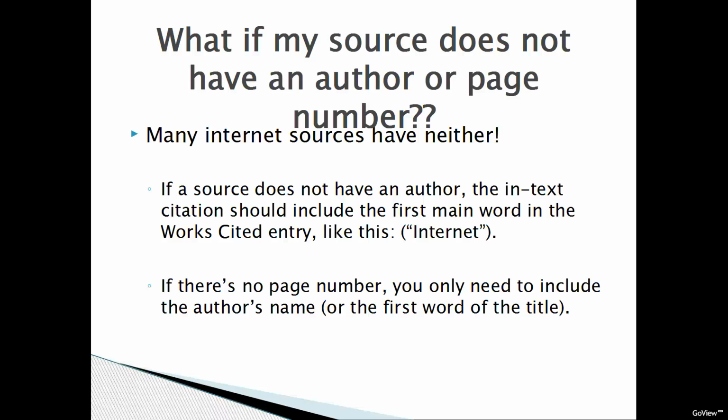Many internet sources do not have an author or a page number. And as you know, you are allowed to use some internet sources as long as they are reliable. So how do you properly do an in-text citation for them? If a source does not have an author, the in-text citation should include the first main word in the works cited entry, like this, internet.